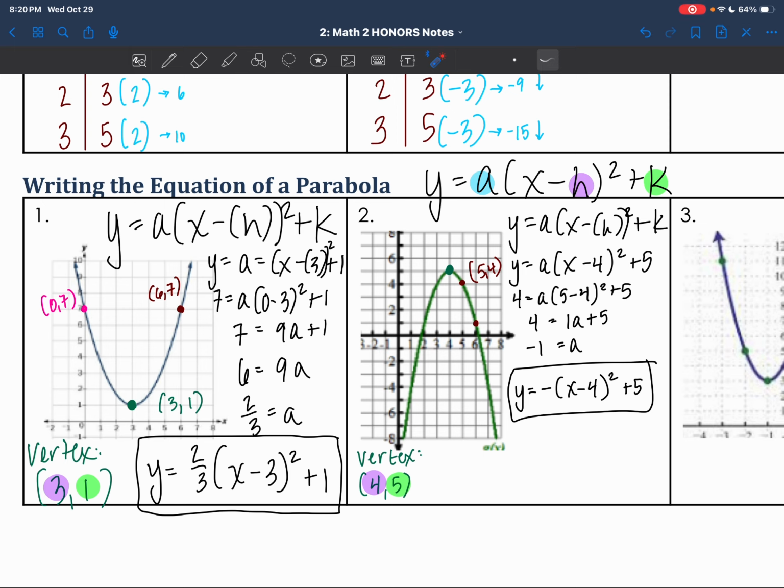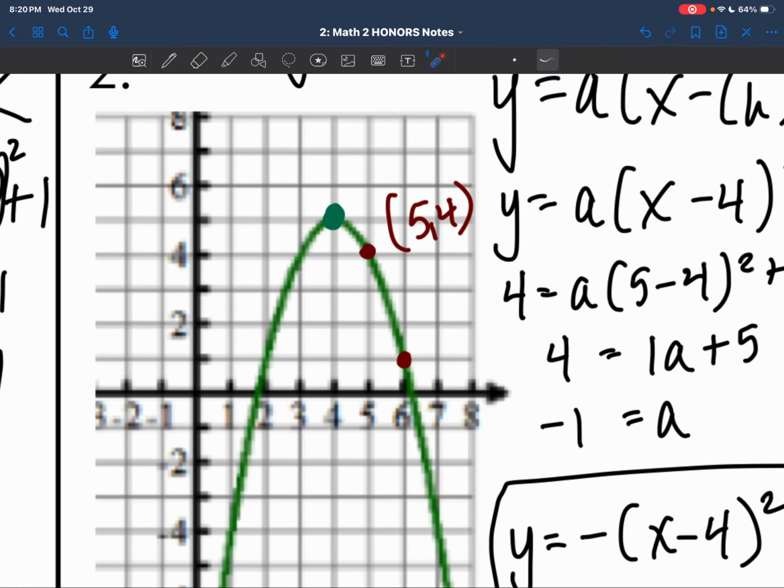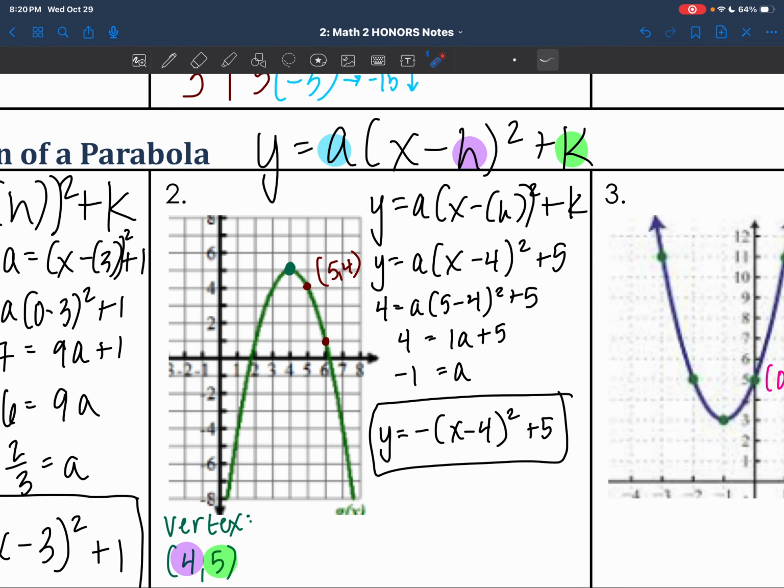Let me double check that. Yep. Oh no, I did it right. Sorry, I was looking at that point. I meant to look at that point. Okay, yes, here we go. So (4, 5). I looked at that and it confused me for a second, but I just didn't write down 4 or 5 here. Okay, we're back on track. So I got my 4 and I've got my 5.